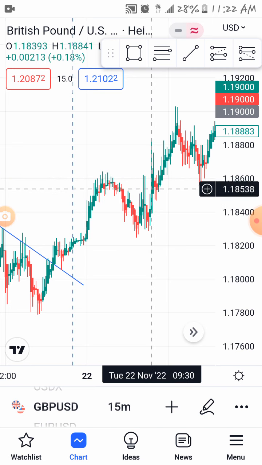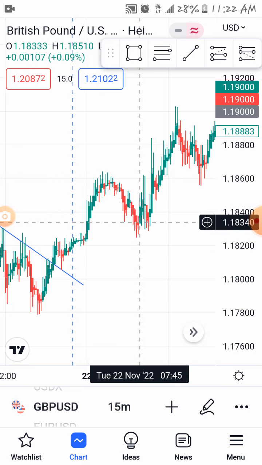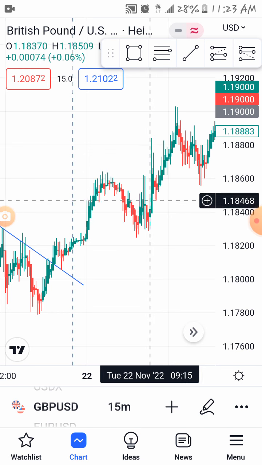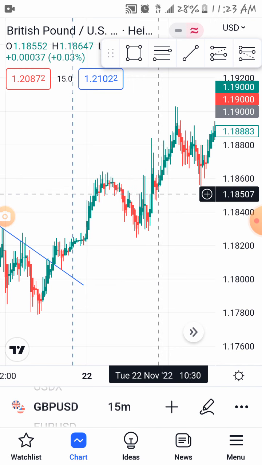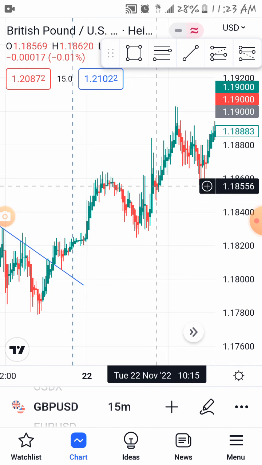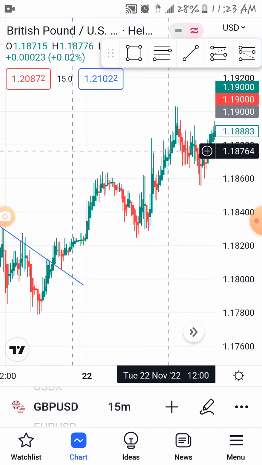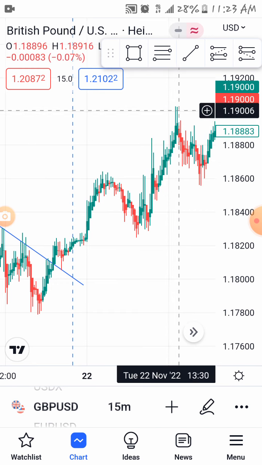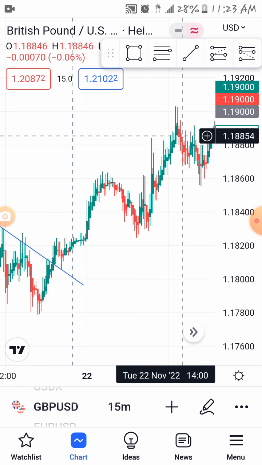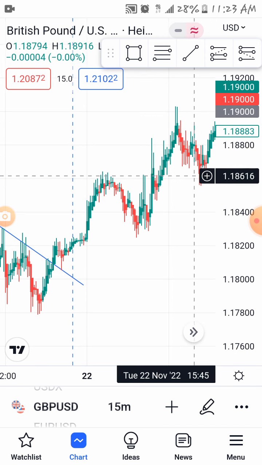So when price came here, it gave us a bit of an ascending double bottom, gained momentum, went back, tried to break the level with its wick, and still fell back in line, and then finally broke the level. Went as high as 1.19, then fell back down here.